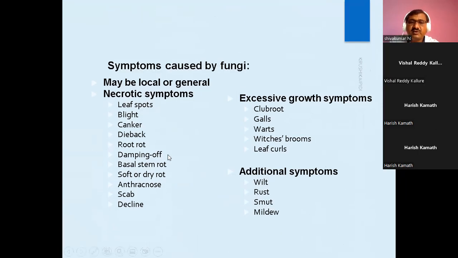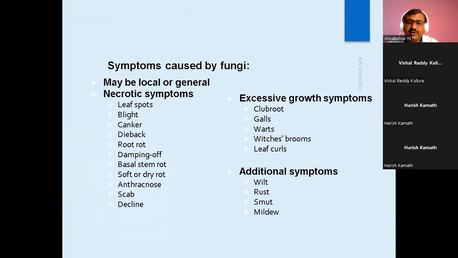So these are the common symptoms caused by fungus, a lot of symptoms. If you find these symptoms, it is caused by fungi, like blight. Some symptoms are in between fungus and bacteria, like blight. Even bacterial blight is there, fungal blight is there, wilt is there. This is common in banana, like Fusarium wilt or Panama wilt.